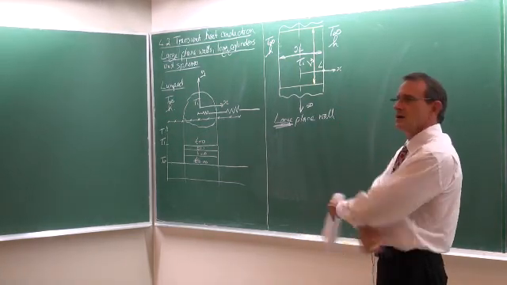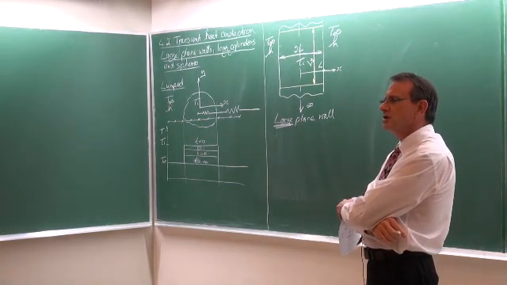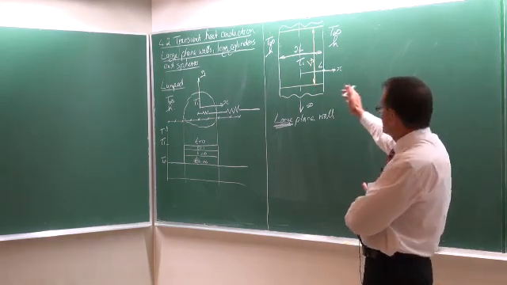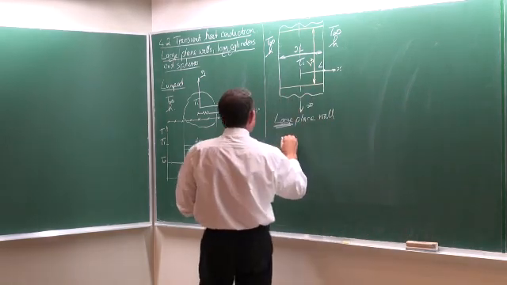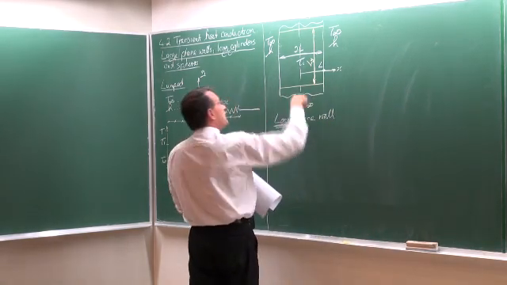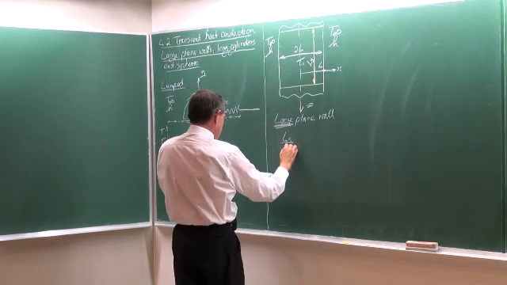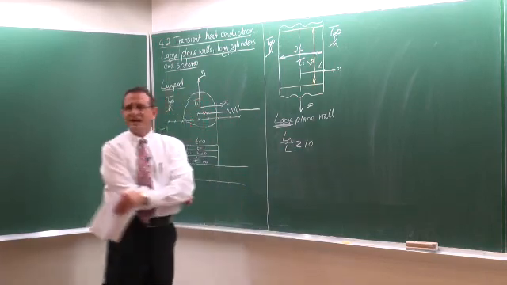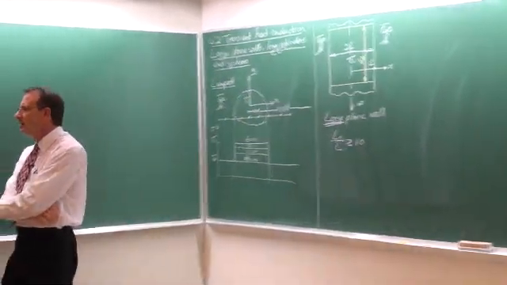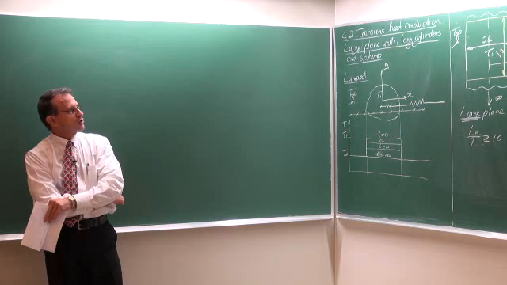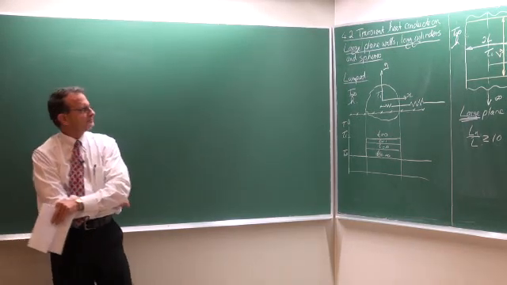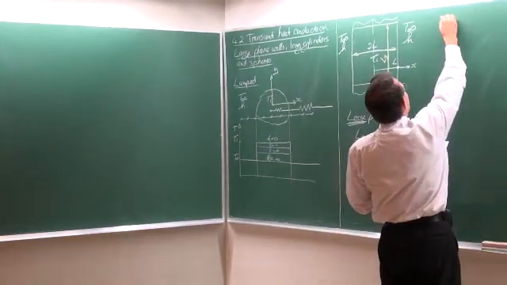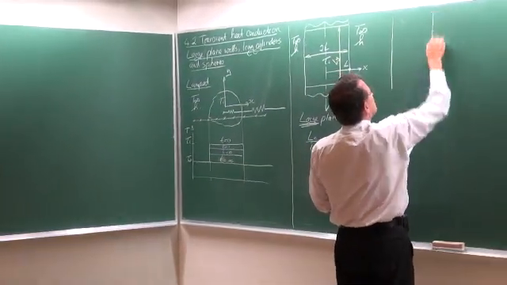Somewhere in the small print, it says that the approach we're going to use now gives good answers if this direction divided by L is typically larger than or equal to 10. Then this approach would give very good answers. So that is for the large plane wall. The long cylinder is very similar.